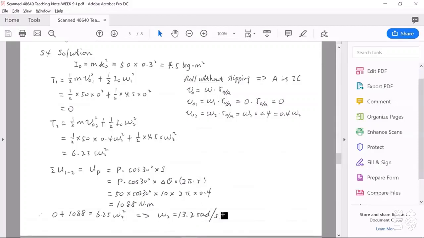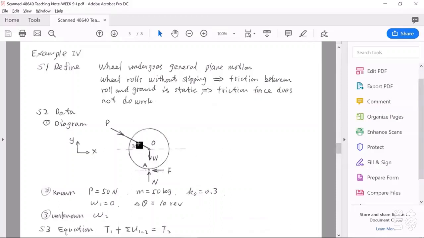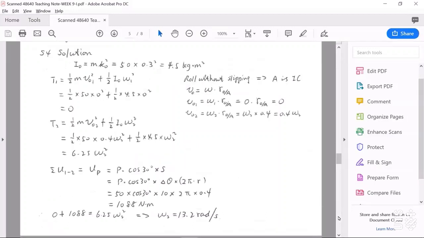Omega is a vector, so it has a magnitude and a direction. This direction can only be determined by observation. In this case, it should be clockwise. Okay, so that's the solution of this problem.